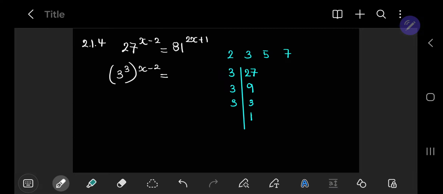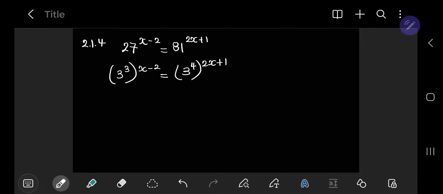We're going to apply the same thing to get 81 as a product of prime numbers, or if you play around with it on your calculator, you realize that it is 3 to the power 4. So I've replaced 81 with 3 to the power 4, and I have my existing exponent outside the bracket. Now, according to laws of exponents, brackets means multiplication. So our exponents inside the bracket as well as outside the bracket are going to multiply with each other.